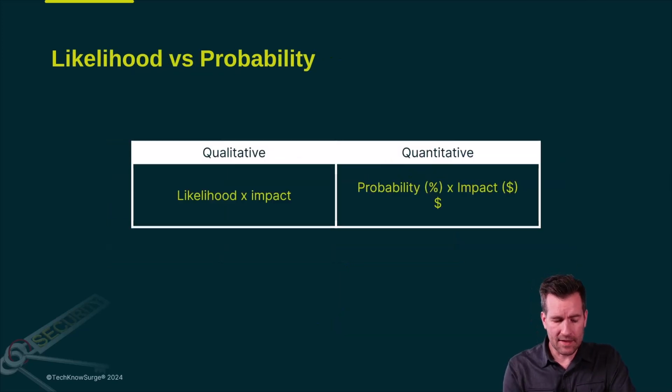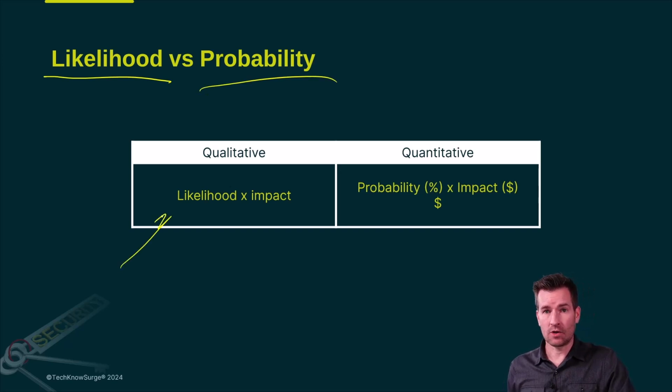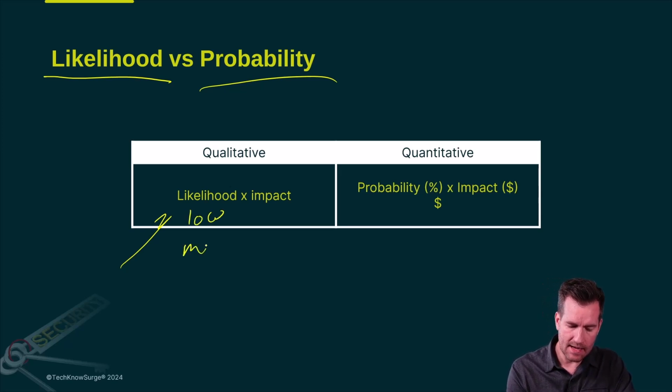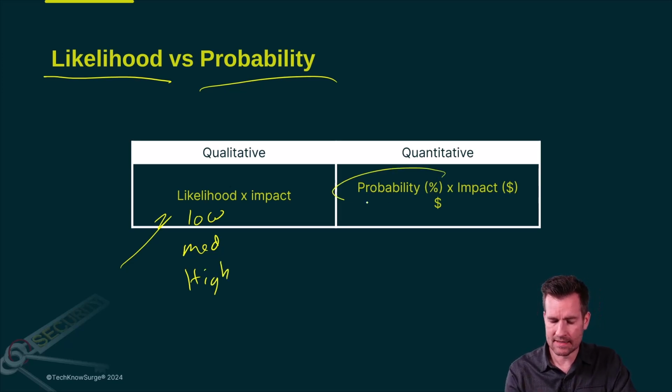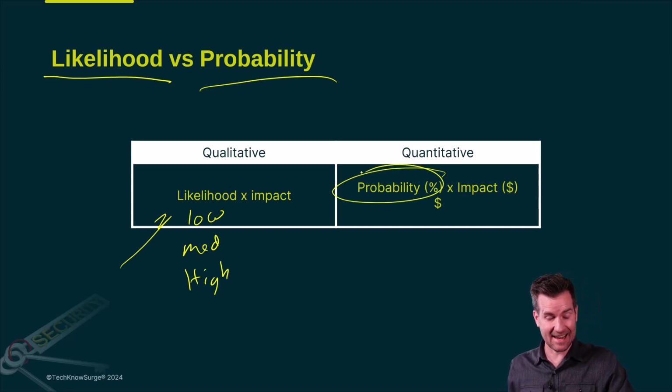I will call out this terminology, likelihood versus probability. Likelihood is something we rate, where we may have a low, a medium, or a high rating, whereas probability is an actual number. Think statistics here, where we assign a probability that something would happen.